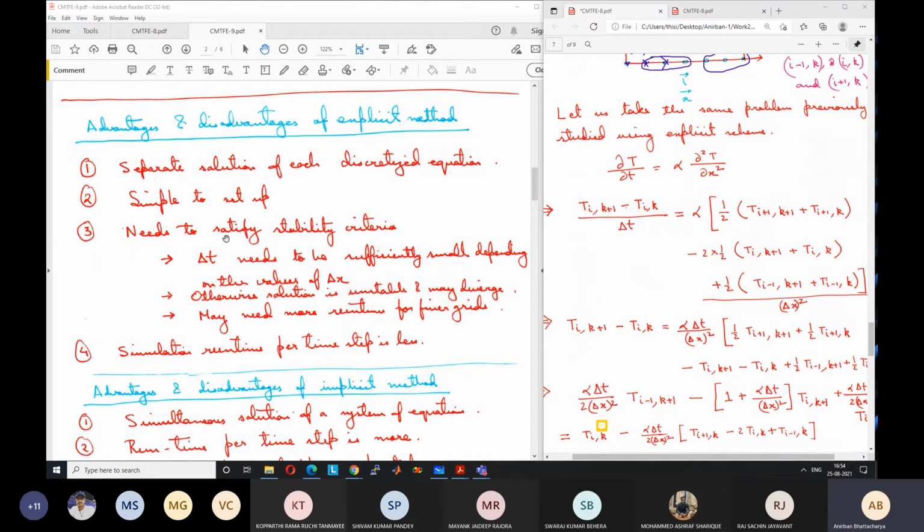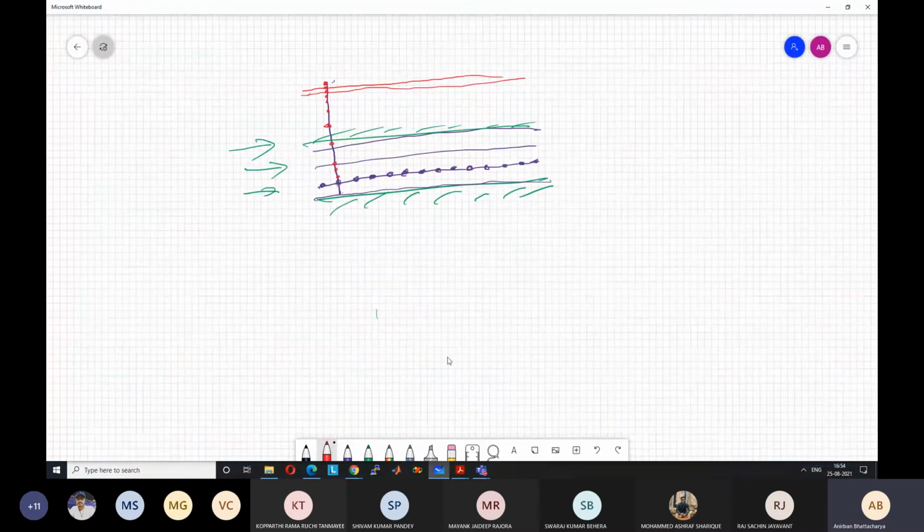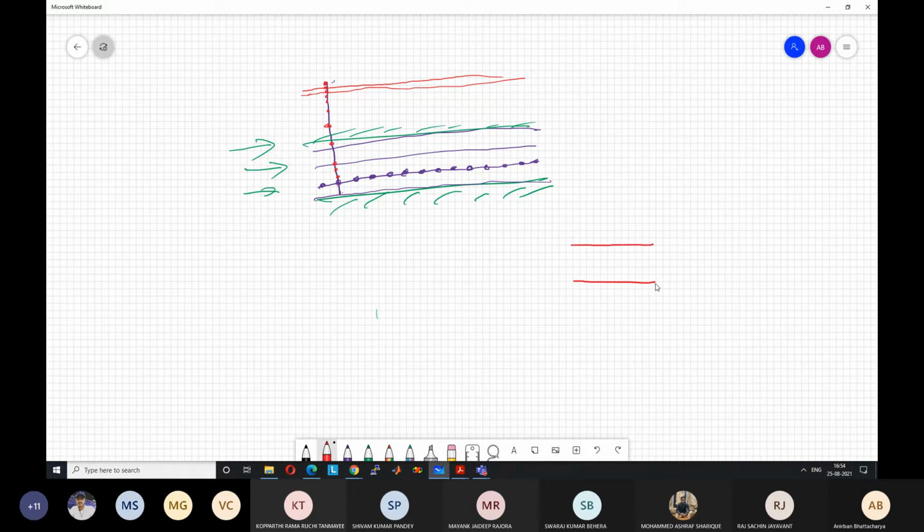So I hope I was able to make you understand what I mean. So again, I have a geometry like this. Some jet is coming from here, a thin jet is coming from here.